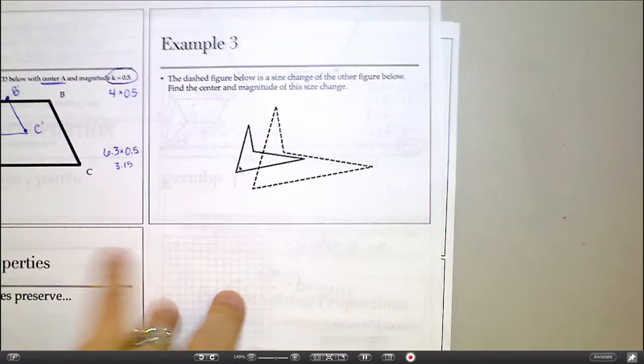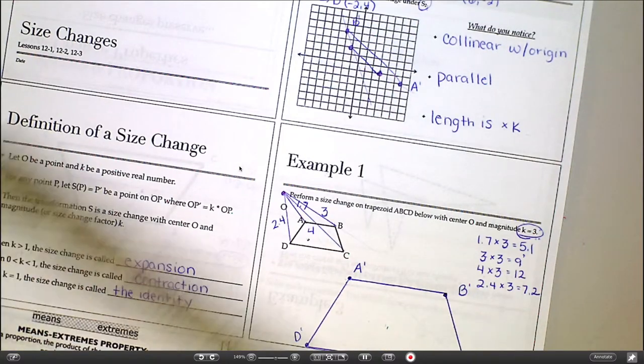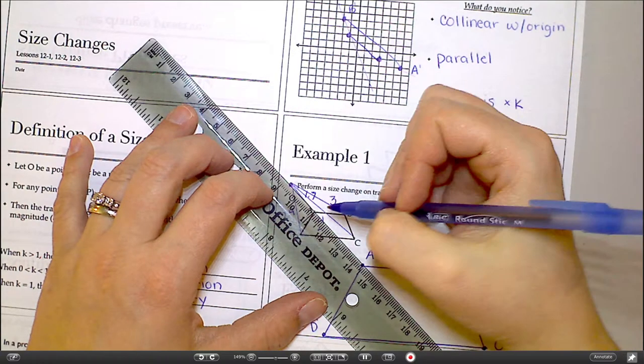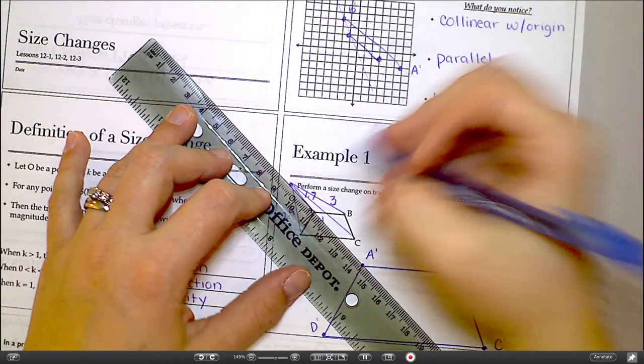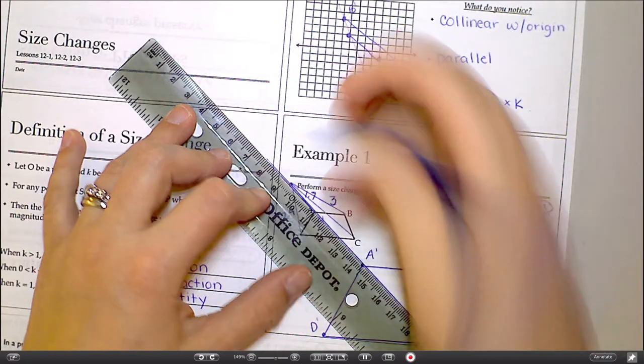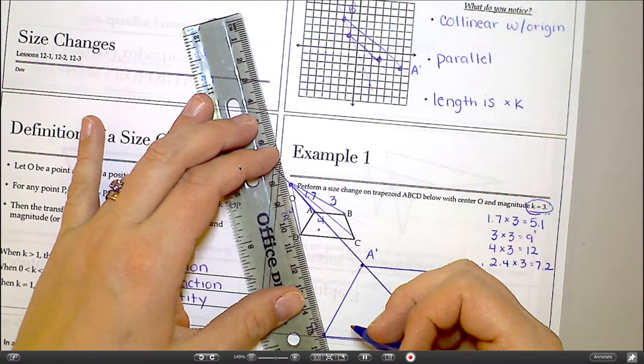Let's maybe look back at this one. And I'm going to go ahead and connect A and A prime and draw a big line. You don't have to do this. Actually, I wouldn't do this. I don't want you to mess up your example, but I want you to see something. So if I connect A and A prime, and I connect D and D prime, and do a big line.